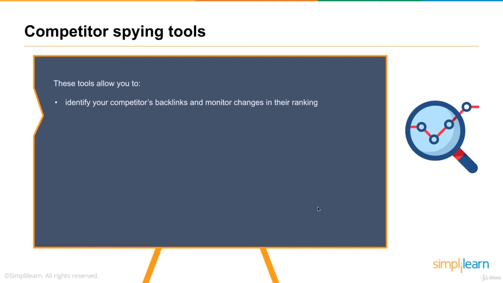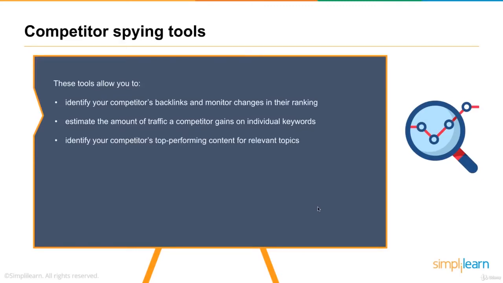We want to be able to take a look at what our competitors are doing. Another example would be how much traffic a competitor is gaining on certain keywords. This could go either way, for paid search or organic search. What are competitors bidding on, and are they really getting traffic from those keywords? There are tools out there that help us leverage what our competition's doing. We can also identify our competitors' top performing content for relevant topics.